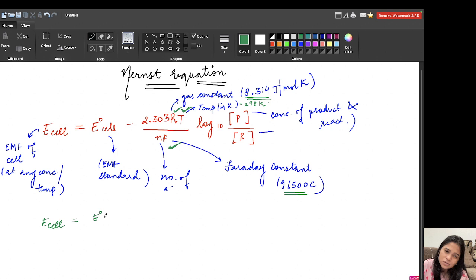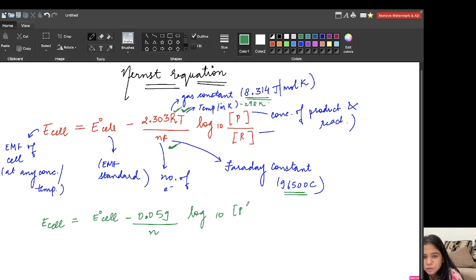E cell is equal to E naught cell minus 0.059 by N, where N is again your number of electrons, log base 10 of concentration of product upon concentration of reactant.